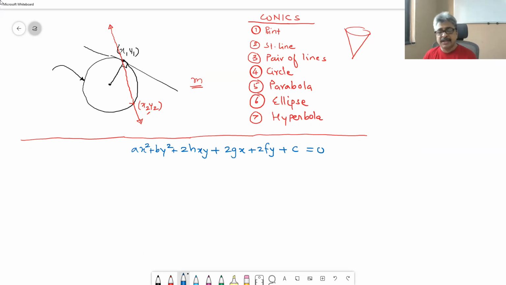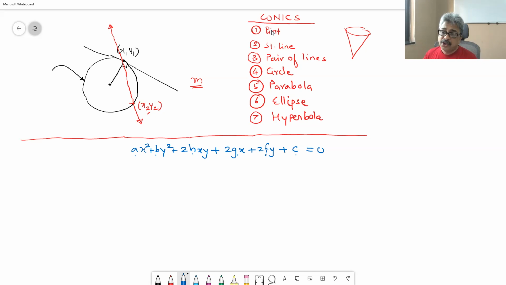Every one of these 7 will follow this equation with some special characteristic of these 6 numbers. There are 6 parameters in this equation, and special values of those, or special relationships of those parameters with each other, will give us these special sections, conics.